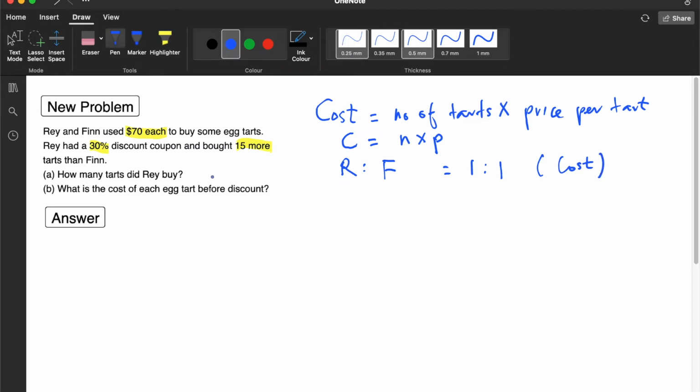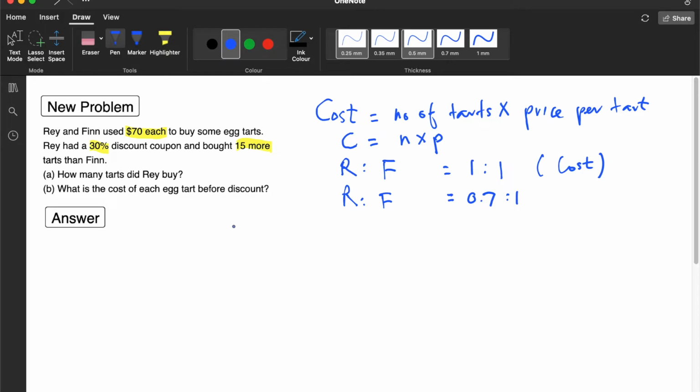But if I were to take the ratio for the price per item for Ray and Finn, because Ray has got the 30% discount, it will be 0.7 is to 1. How do I get 0.7?